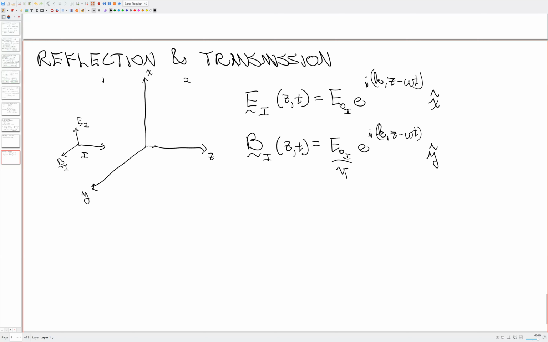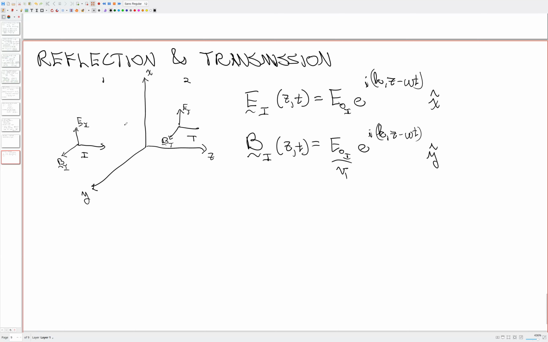Now there are going to be two things occurring here. There's going to be a reflected wave, and there's going to be a transmitted wave. So the transmitted wave, we're going to use the same kinds of coordinates like this. So this is going to be the transmitted wave, and it will have an electric field like this and a magnetic field like this.